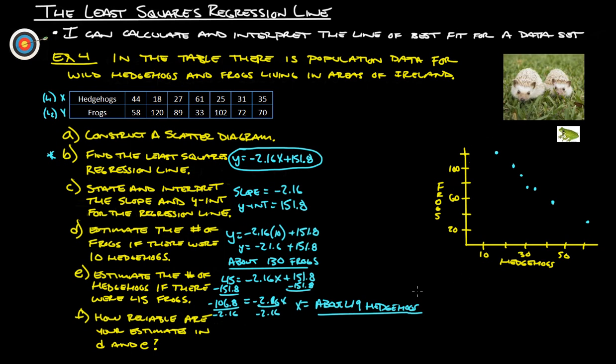And then E was if there were 45 frogs. So there's 40 and then there's 45. So that's within our range of frogs. So that's actually interpolation. So that one should be pretty reliable as well. So they both should be pretty reliable.